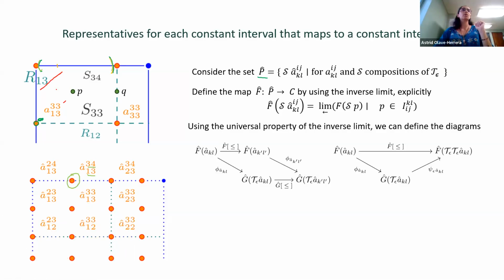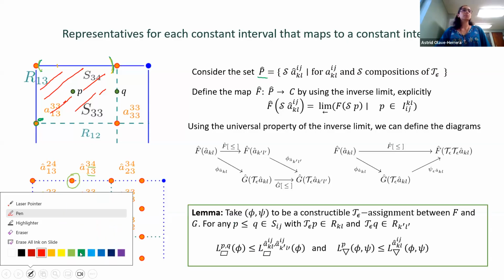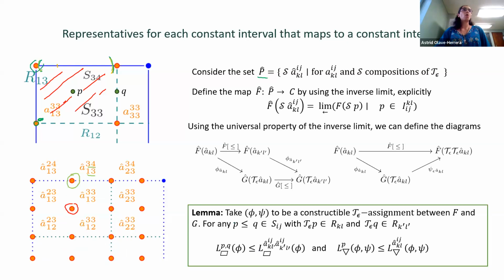So the whole square is constant and is mapped into constant things. It's going to be represented only by this point, this new A hat. And even the points themselves, oops, I did an extra one, it's fine. This little point itself is represented. All the constant intervals that are mapped to constant intervals are going to be represented in our new poset P hat.